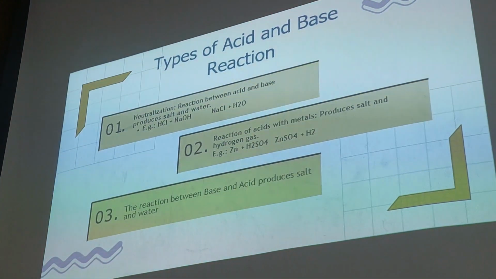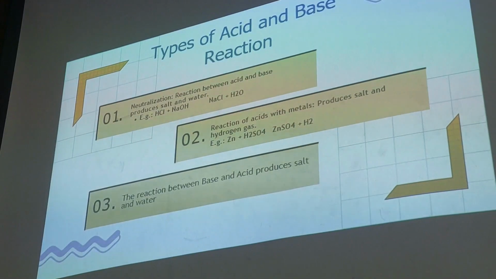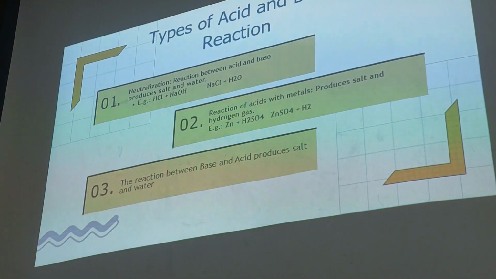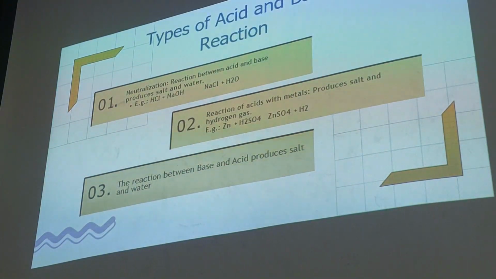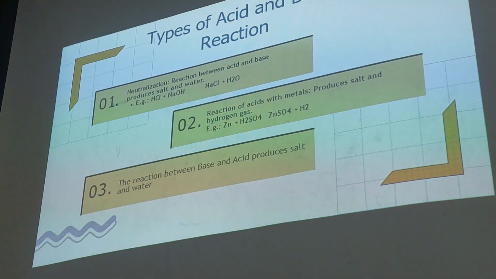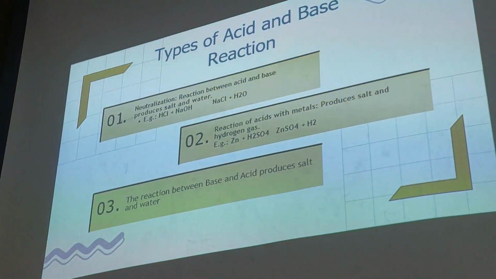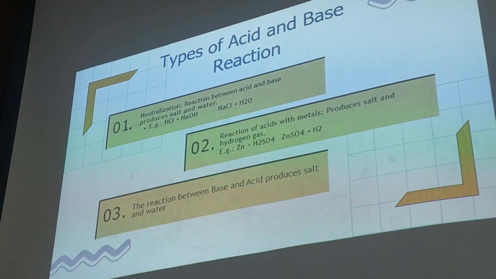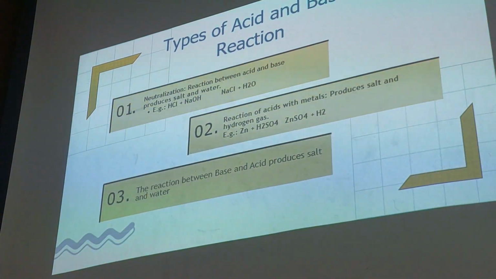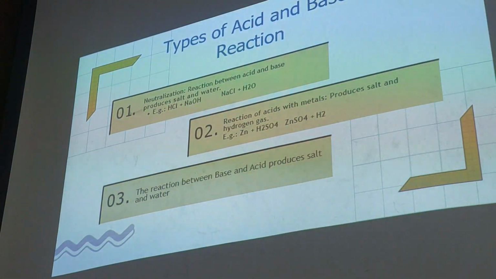Okay. The next is the types of acid and base reactions. First is the neutralization reaction between acid and base that produces salt and water. For example, hydrogen chloride, HCl, plus sodium hydroxide, and it becomes sodium chloride plus water.